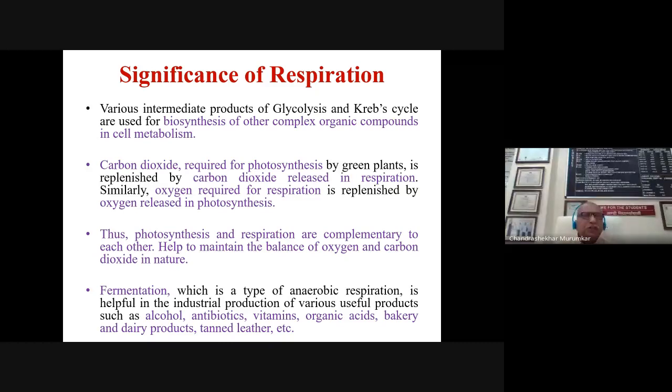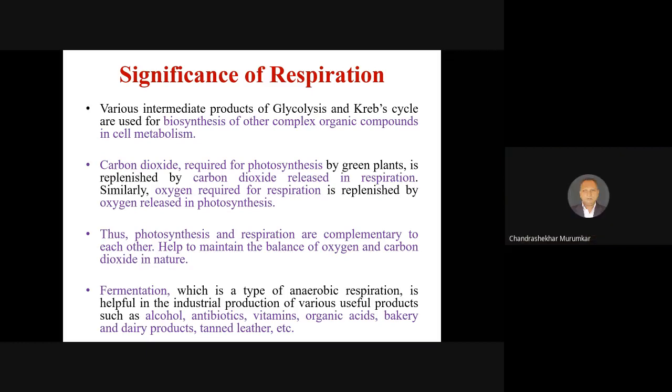We have discussed it in detail through its proper mechanism, and we have tried to understand this whole mechanism in a stepwise manner. Now, I'll be providing you all the detailed notes of this respiration on your WhatsApp group. So study well, prepare your own notes.